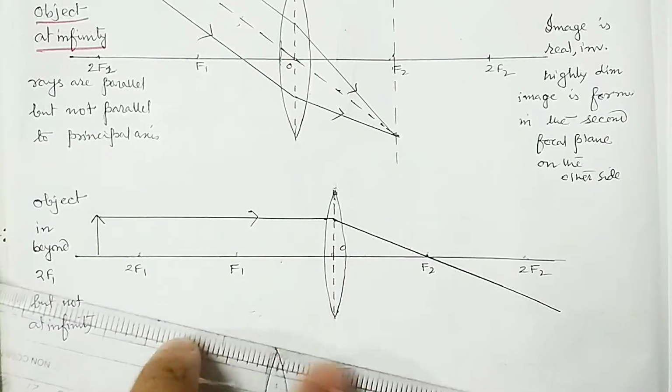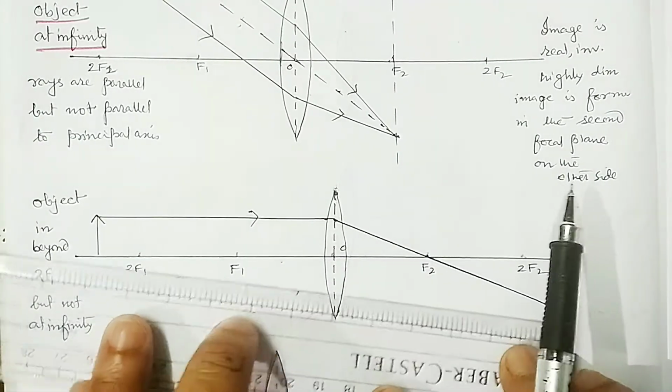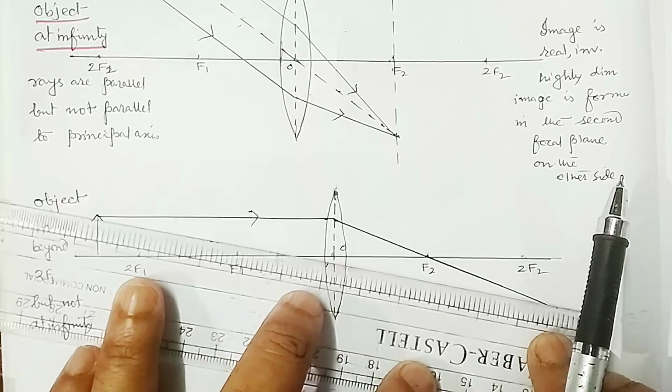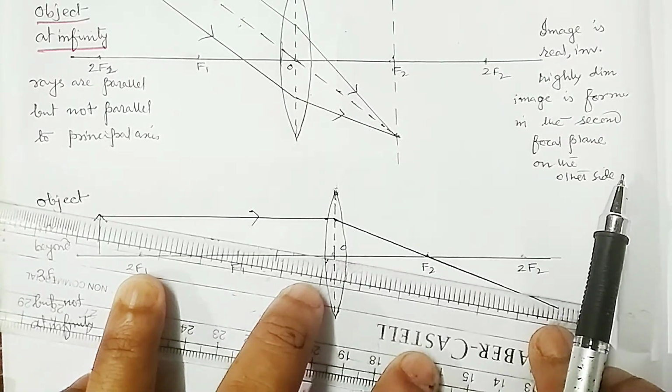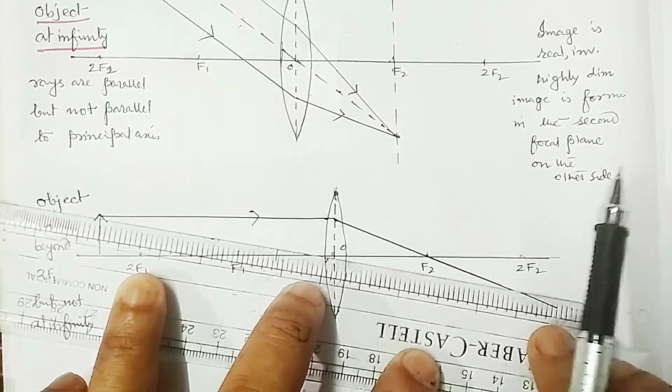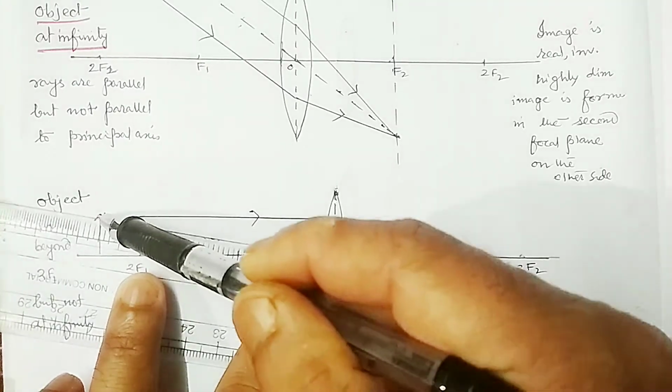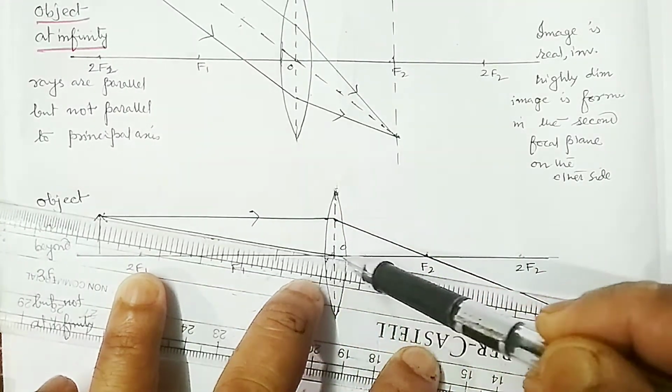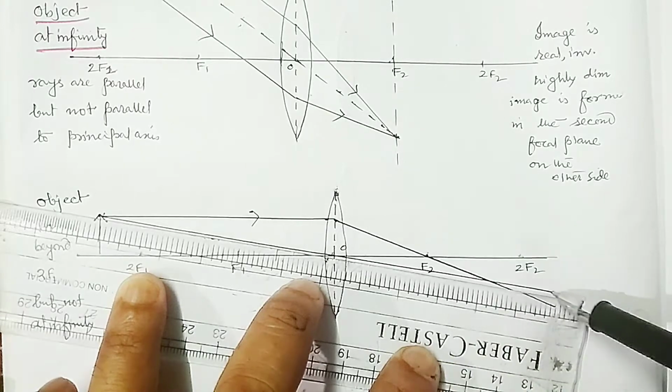Here I am using a pen so that you can see it better, but in the exam you have to draw it with a pencil. Another ray passes through the optical center. We know any ray which passes through the optical center does not suffer refraction, so this ray will go straight without any refraction.